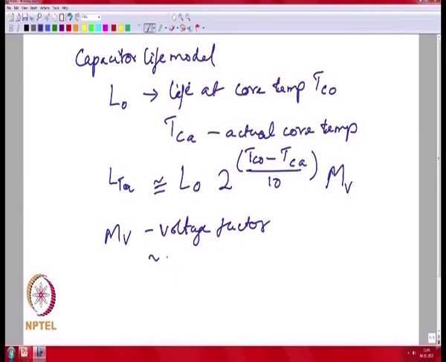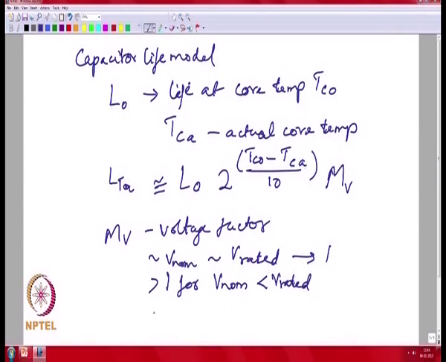If you are operating close to V norm equal to V rated, then this has a value of 1, and it is greater than 1 for V norm, nominal operation of the capacitor, less than V rated, and rapidly degrading the capacitor if the actual operation of the capacitor is above its rated voltage.